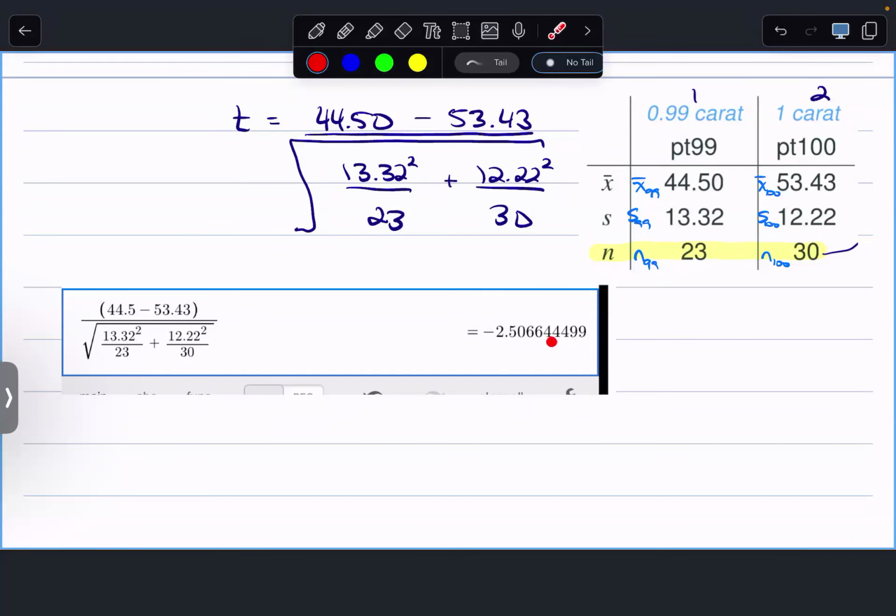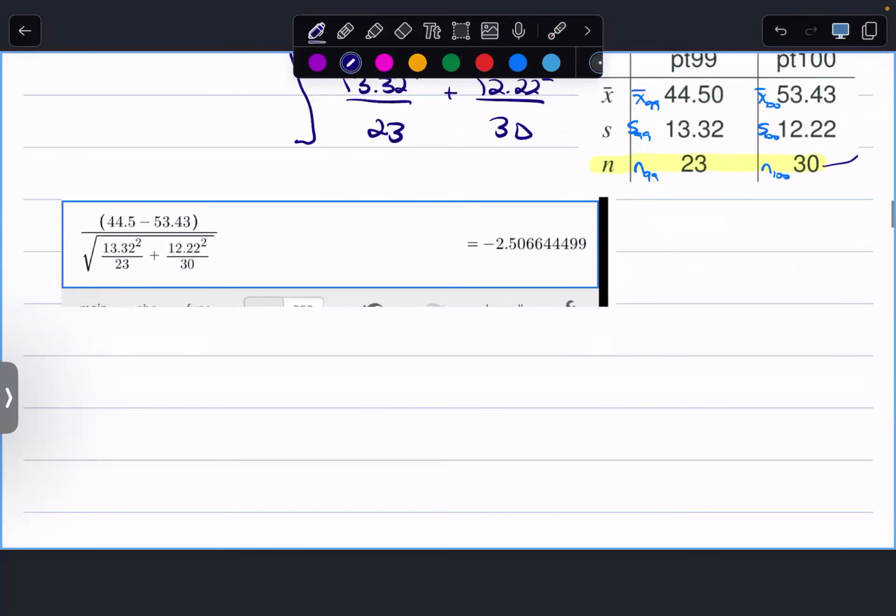Otherwise, what a mess. So T is roughly negative 2.5066. The T table has 3 decimal places, so you need at least 3 decimal places.